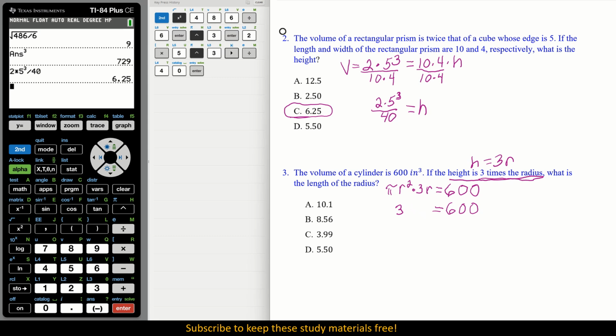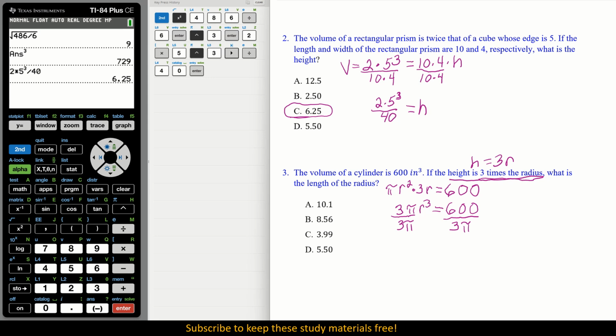I want to, because I'm looking over here at my answer choices, and they are not in terms of pi. So we have to consider pi a number with the coefficient. So this tells me that we are dividing both sides by 3 pi. Okay?